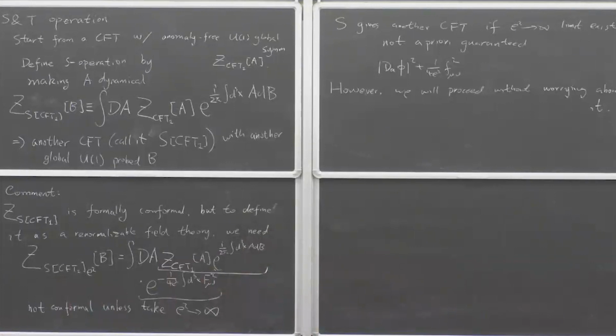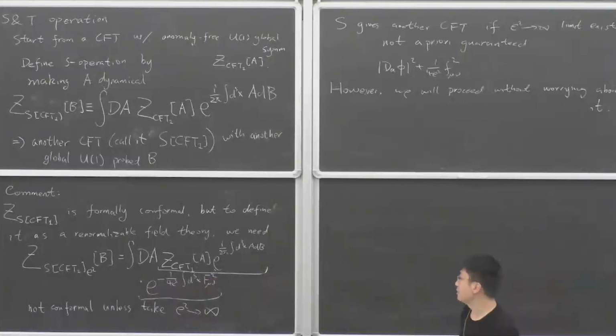It will flow to whatever it flows to. So that means that I want a weakly coupled theory, at least at UV. If I don't have a weakly coupled theory at UV, is that a problem?